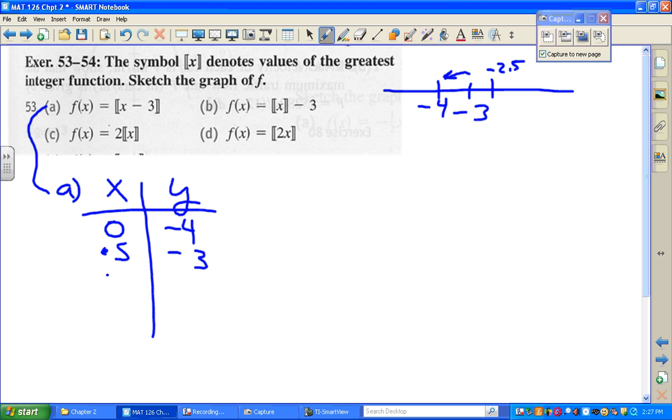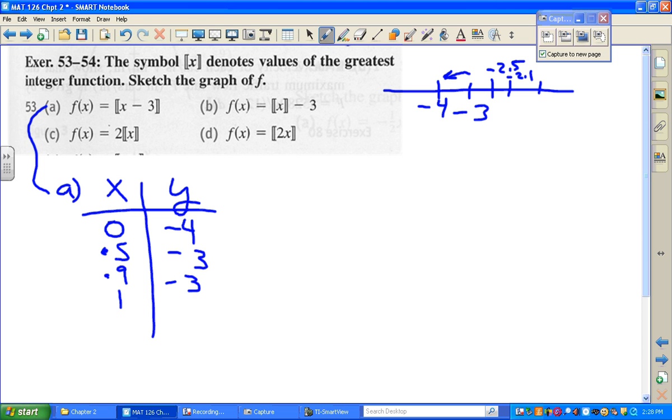What if I put in 0.9 for this? What's 0.9 minus 3? Negative 2.1. And that is bigger than what integer immediately to the left? Negative 3. An integer doesn't have a decimal. Oh, what if I put in 1? What's 1 minus 3?